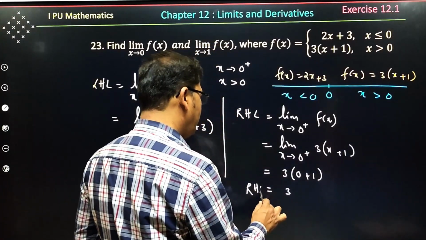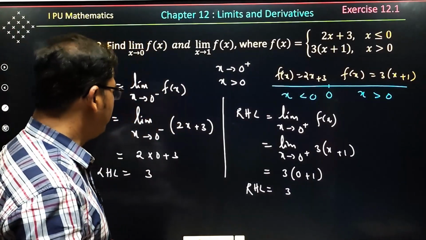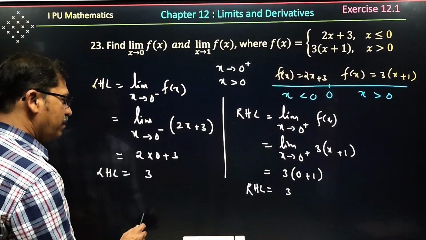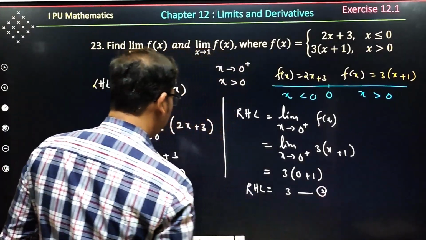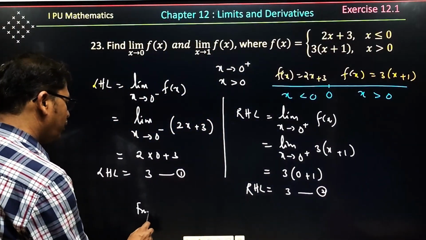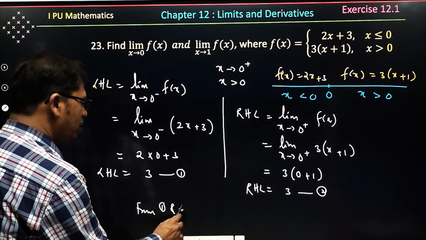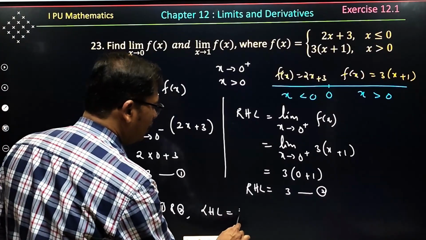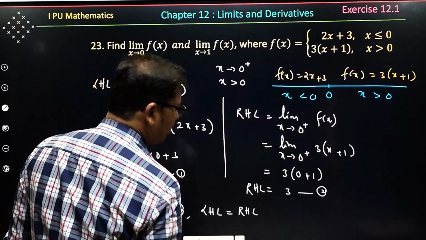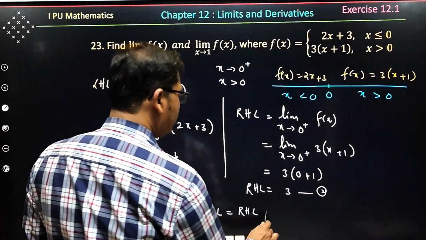Now observe, the left hand limit and right hand limit are both the same. Call these 1 and 2. From 1 and 2, the left hand limit is equal to the right hand limit, which is equal to 3.